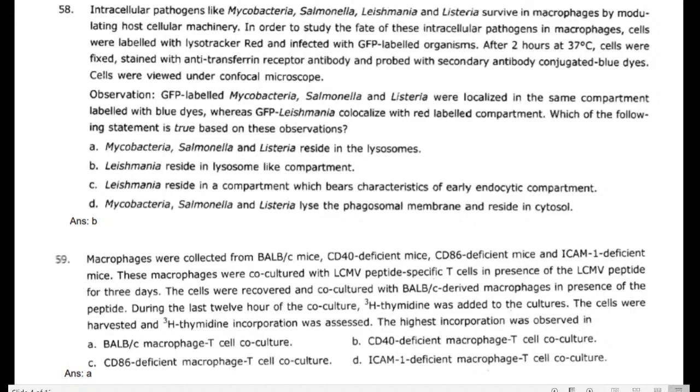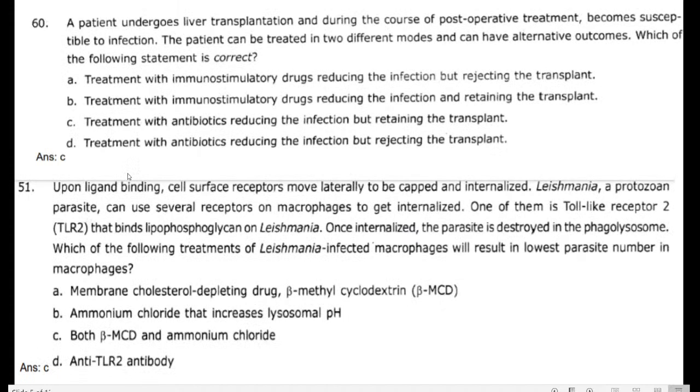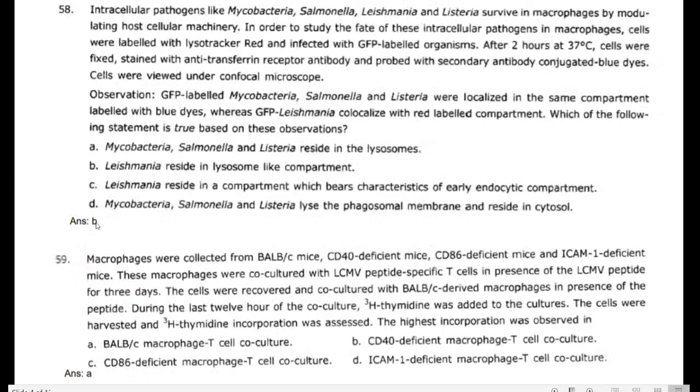From the statements, as per the question and observation, the Leishmania reside in a lysosome-like compartment. So only it is labeled with the red color.